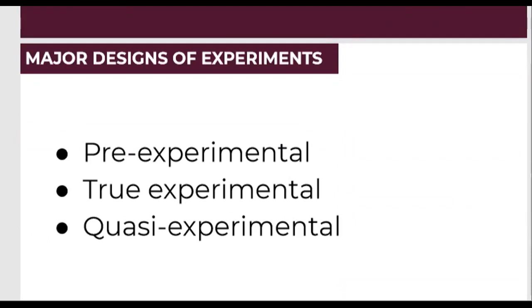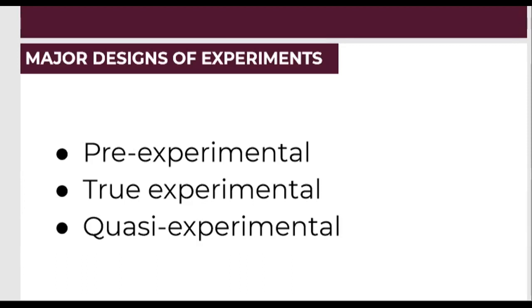Although pre-experimental designs appear to utilize some of the procedures of a true experiment, researchers cannot claim this design to be a true experiment because of the lack of randomization and sometimes the lack of a control group, which should always be present with true experiments.